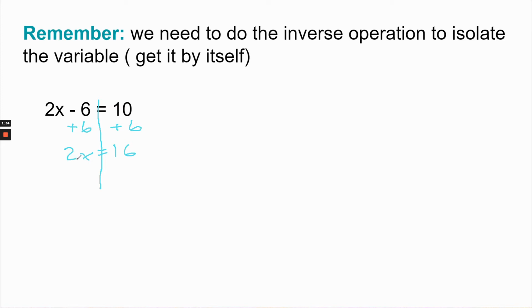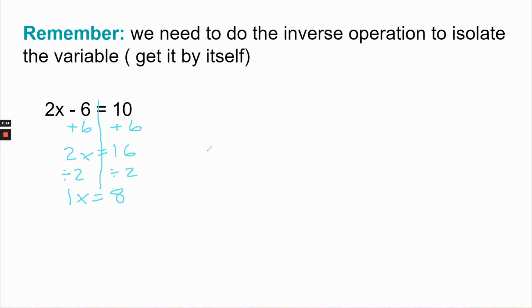So if it's multiplying, the opposite would be dividing by 2. We get x equals 16 divided by 2 is 8. Remember that we can write 1x or just x, it means the same thing.